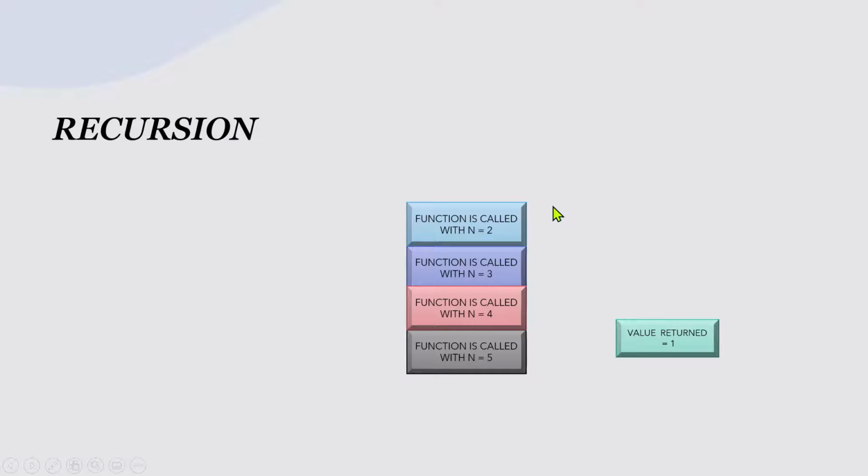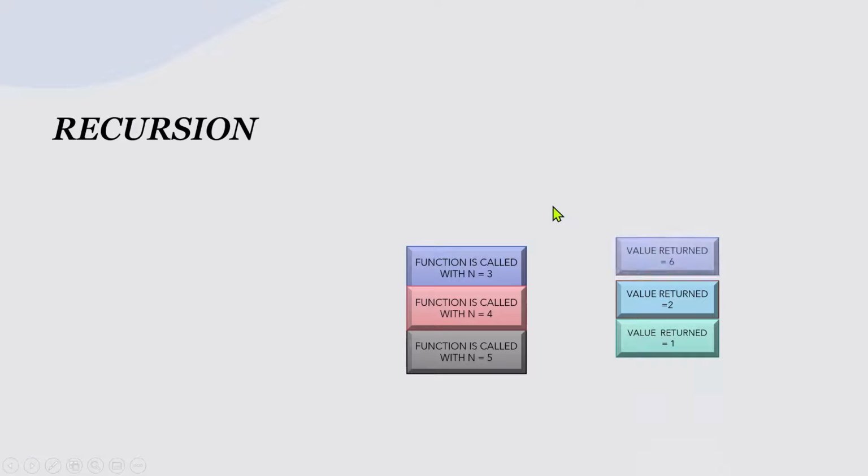Then there's a second return, right? And so the value returned will be 1 multiplied by 2, which is 2. And of course, this is popped off the stack, right? That stack frame is gone, and so on. We have value returned equal to 6, and that function call is popped off the stack.